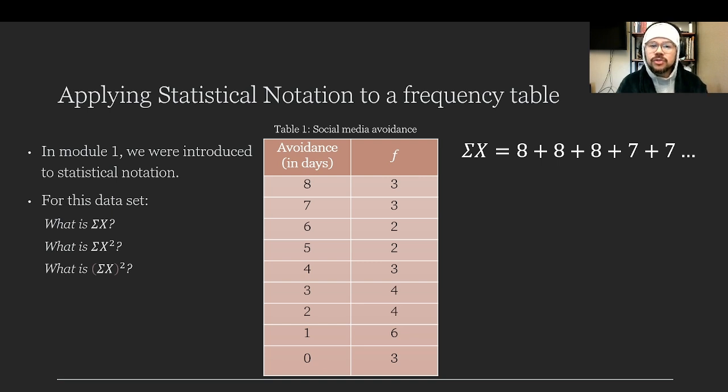While that is technically true, I would encourage you to get in the habit of including those 3 people as a reminder to you that when you are working with this data set, you are working with 30 people. If you leave out those last 3 people because you think they're zeros, you might accidentally trick yourself into thinking that you're only working with 27 people. So as a matter of habit, I encourage you to include those 3 zeros as you are adding through this particular equation.